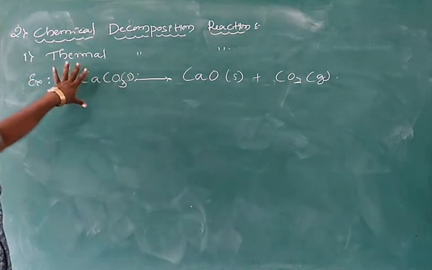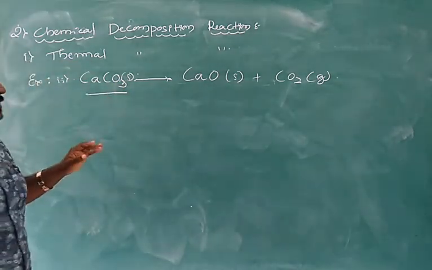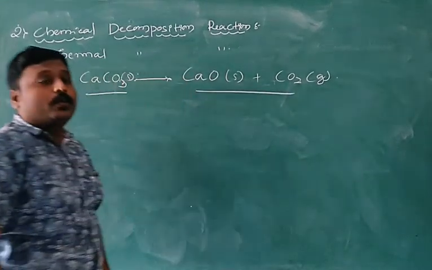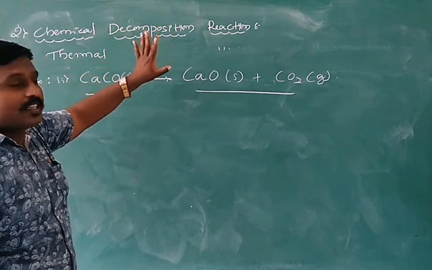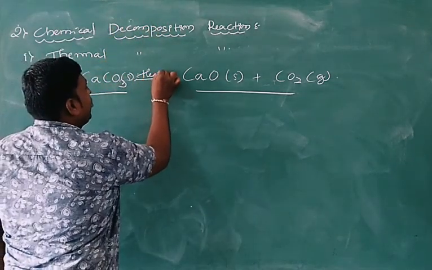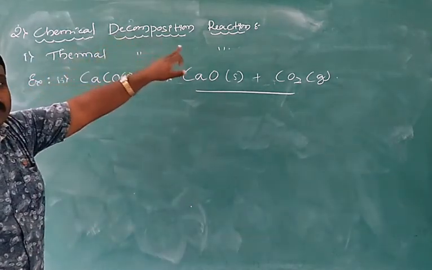Here only one single reactant breaks down to form more than one product. That is known as a chemical decomposition reaction. It takes place with the help of heat energy, that's why it comes under thermal decomposition reaction.